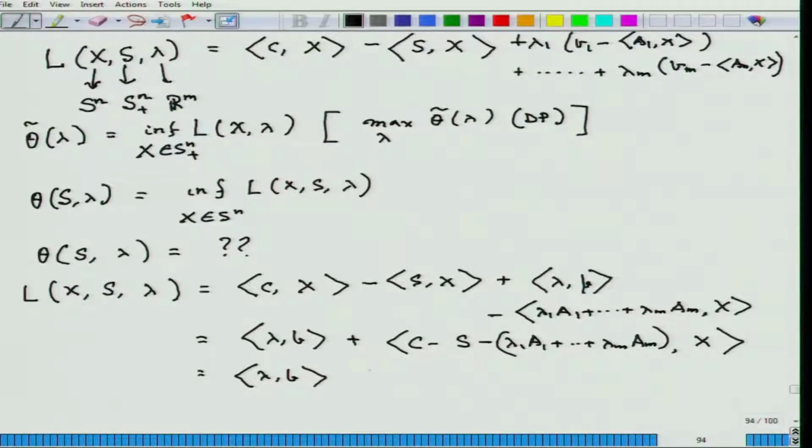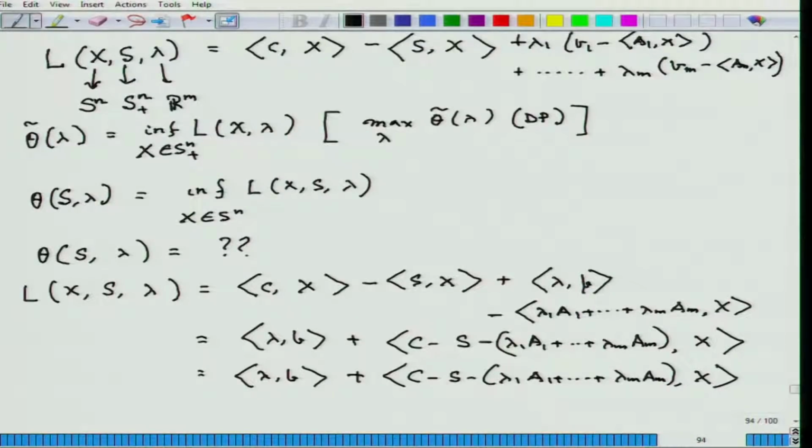Now, I leave it to you to prove that if this expression theta s lambda is finite, it is equal to lambda b if and only if this is 0.